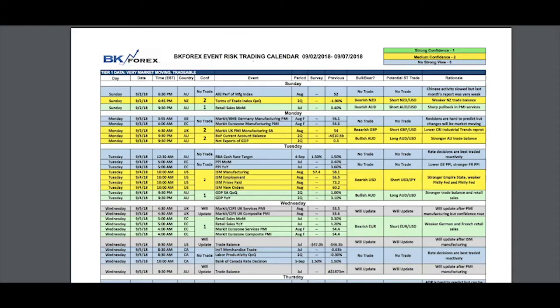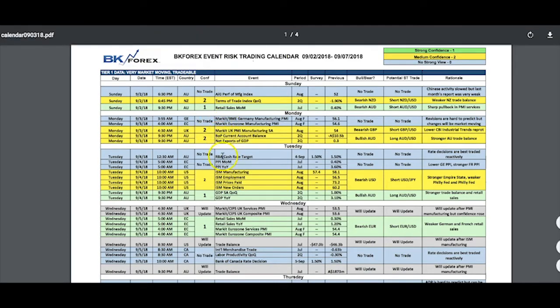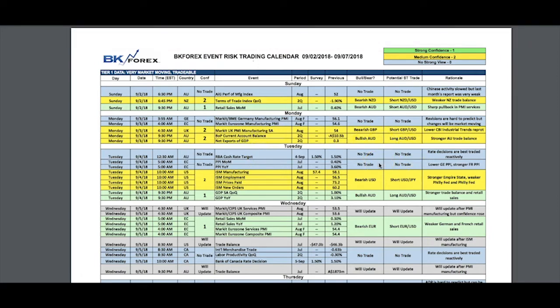Looking at the calendar this week on the commodity dollar front, there's not that much data, but we do have the RBA coming up. We have retail sales on Monday, then the RBA on Tuesday with a cash target. That's going to be an interesting takeaway for the market. Nobody expects any kind of movement on the rate front, but the key language the market will be watching for is where the risks are.